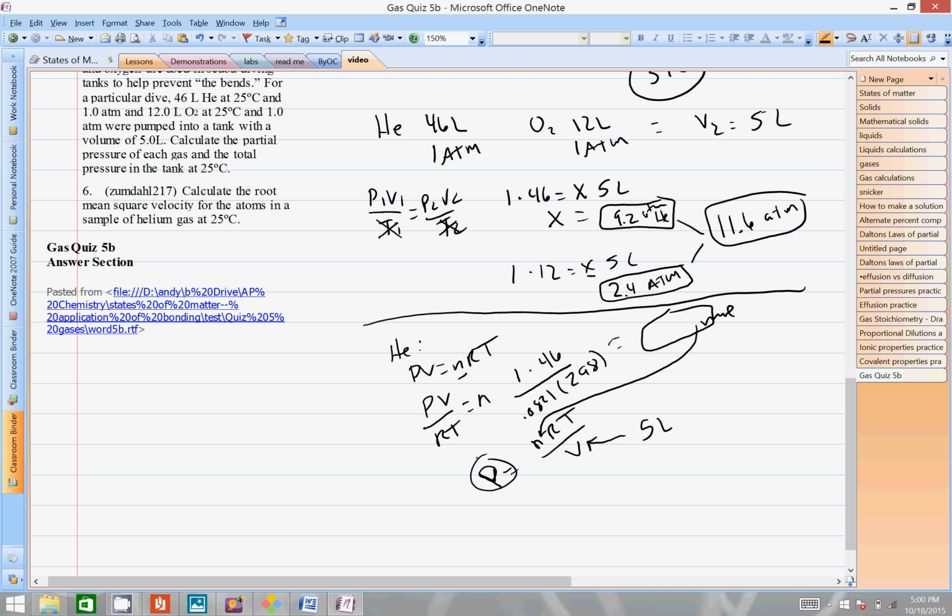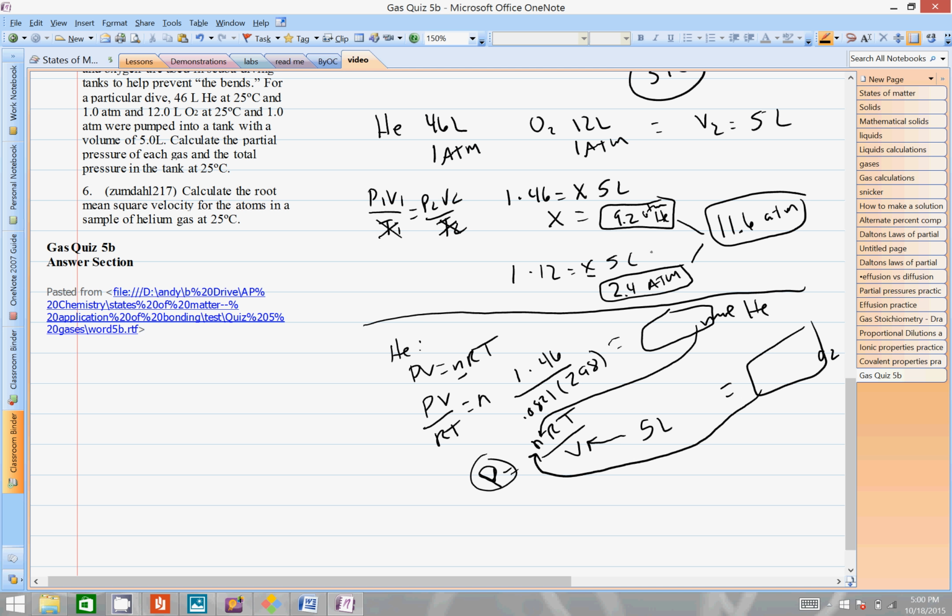I would run this guy, get the moles of your helium. You'd also run it again, get your moles of your oxygen. Same thing. And then some people left them in moles, but you got to get it back to pressure. So then you just run it again with each piece. And that will give you the partial pressures of each of those, which should be 9.2 and 2.4.